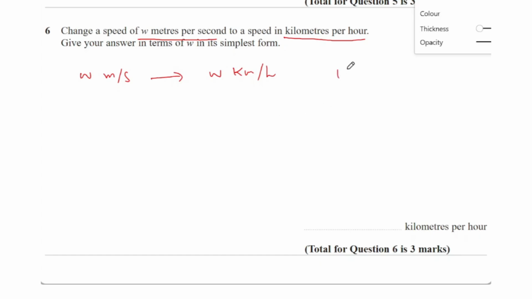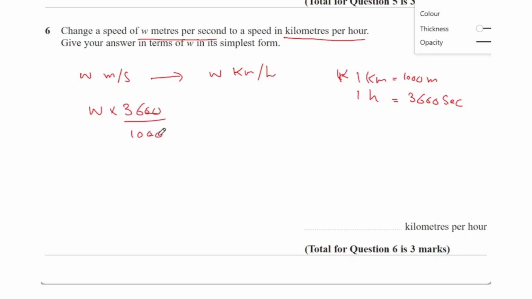Okay, we know that 1 kilometer is equal to 1000 meters. 1 hour is equal to 3600 seconds. So we need to convert into a bigger unit. Okay, so if we want to convert meters into kilometers, we can divide by 1000. So simply what we're going to do, we're going to times by 3600 and divide by 1000.